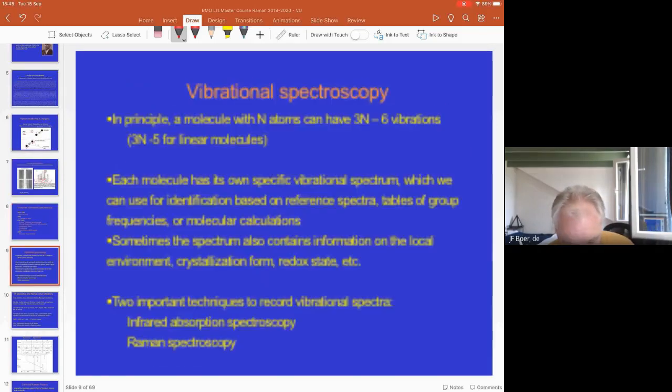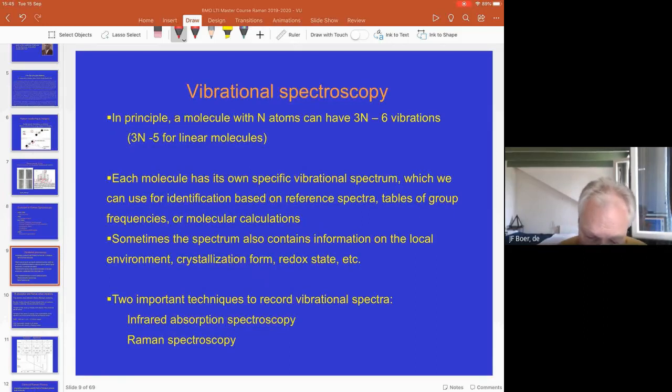Okay, if you then look at molecules, how many different vibrational states can a molecule have? In how many ways can a molecule vibrate? And you have to look at basically the number of atoms in the molecule.